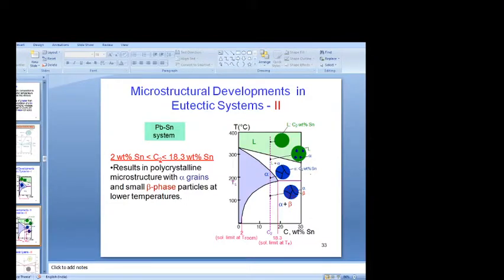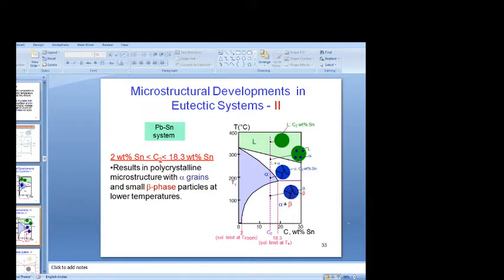So for this lead and tin system, again this composition extends from about 2 weight percentage SN to 18.3 weight percentage SN, as you can see in this figure. Earlier we discussed the 2 percentage, and now it is moving toward the 18.3 weight percentage of SN for the lead rich alloys, and from 97 weight percent SN to approximately 99 weight percentage of SN for the tin rich alloy, that is shown in the alpha or beta one.